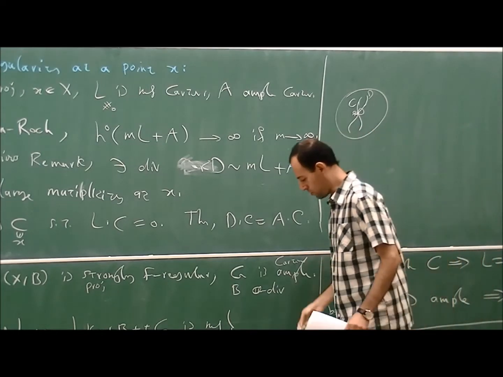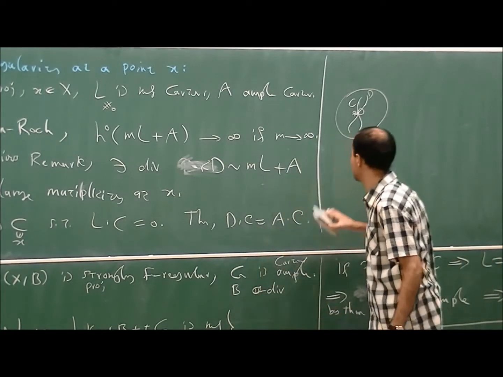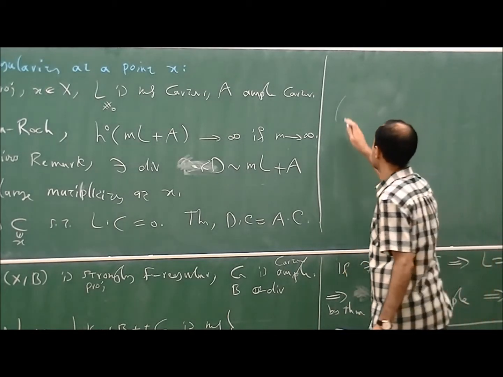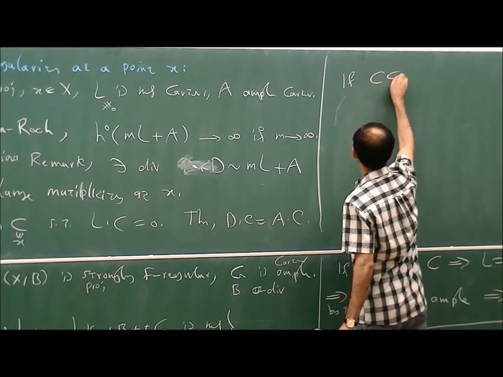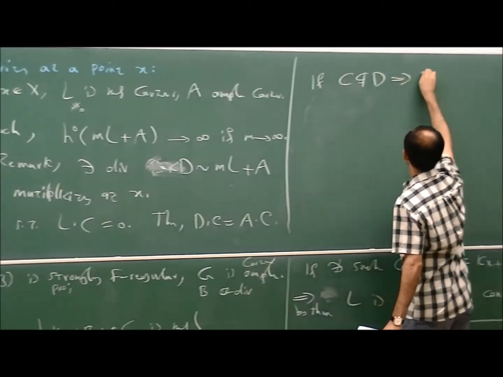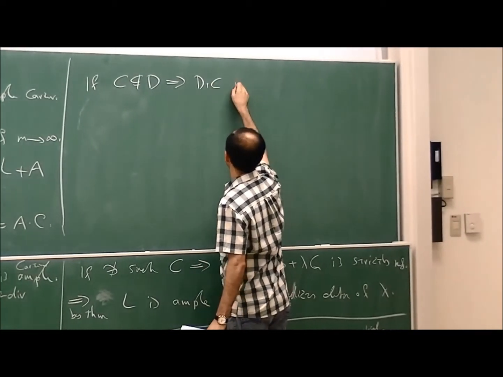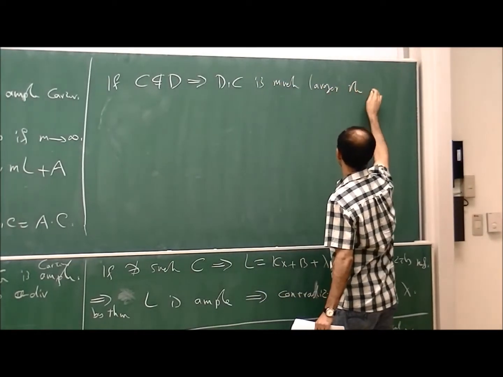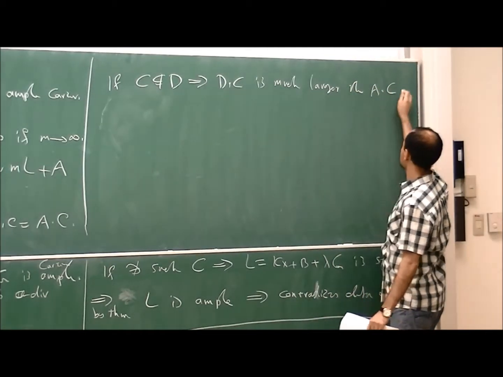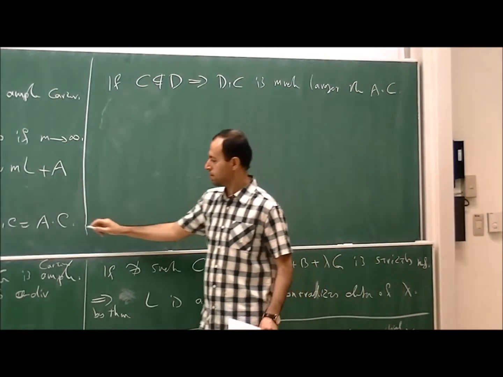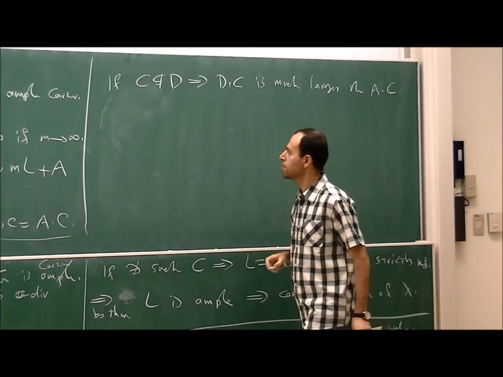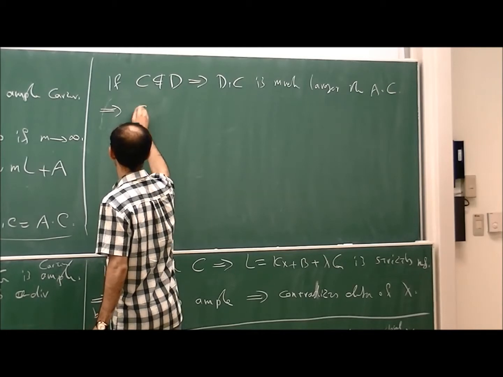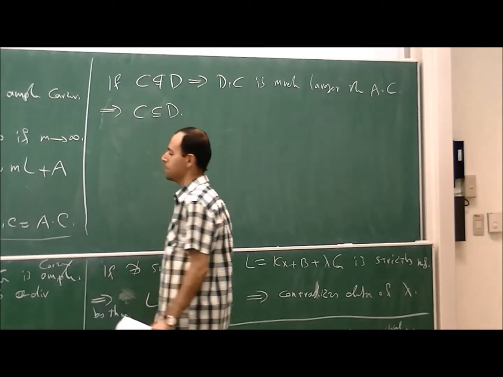So there is only one case where it does not hold, and that's exactly where the curve is inside the divisor D. If C is not inside D, then the intersection number should be very large. So this will be much larger than A intersect C. But that will contradict the default. So in other words, there is only one possibility. Therefore, C must be inside D.